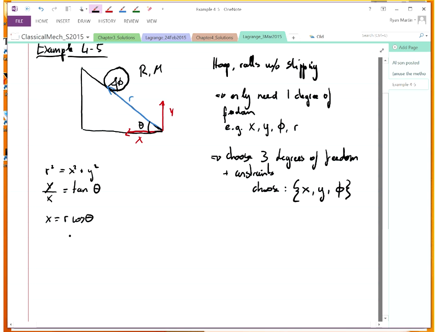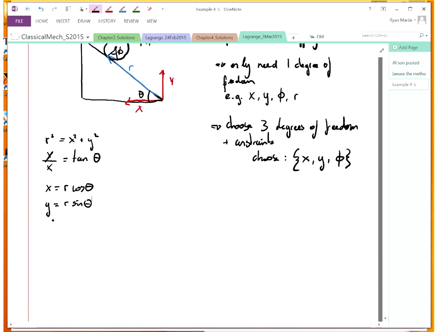We also have x equals lowercase r cos theta. We have y equals lowercase r sine theta. And finally, we also have that lowercase r is equal to capital R phi.